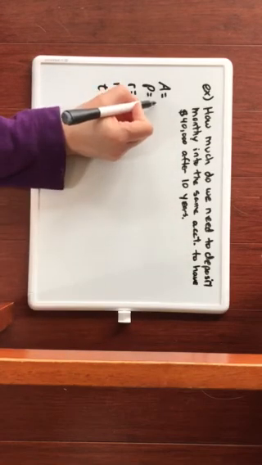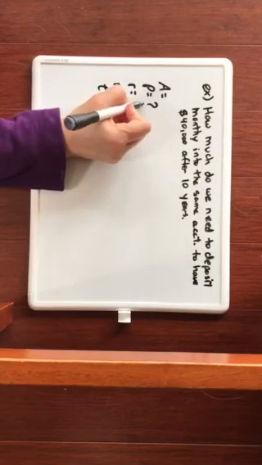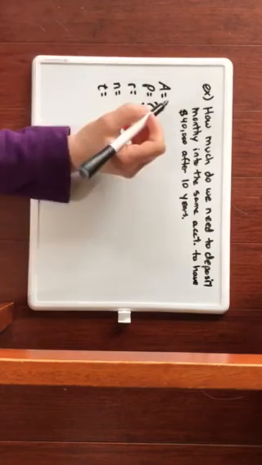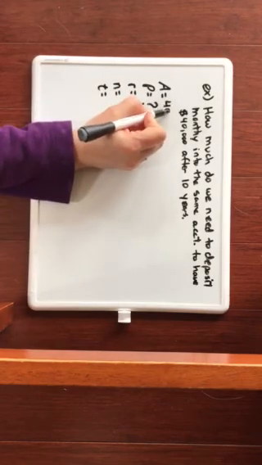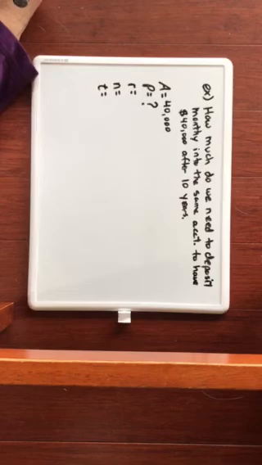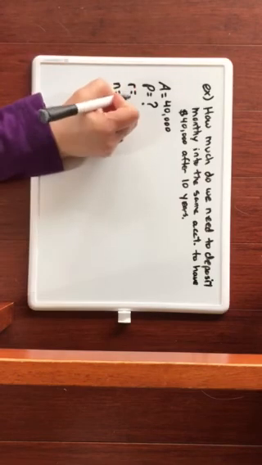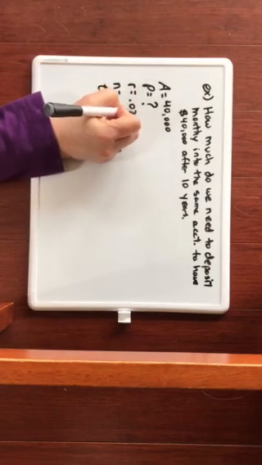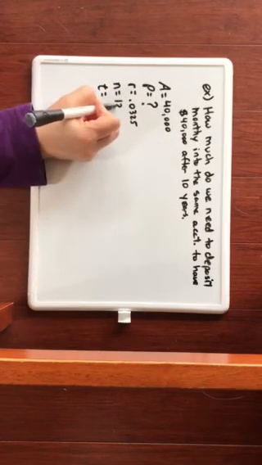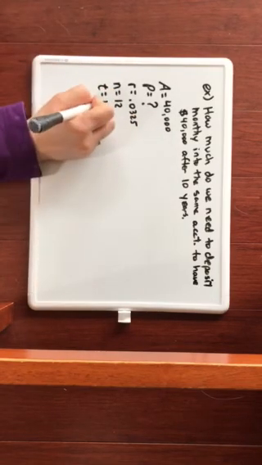That's what we're looking for. So P is our question mark. Into the same account to have $40,000 after 10 years. So A is going to be $40,000. Okay, so our rate's going to be the same, which is 0.0325. Our N is going to be the same at 12, and our time is for 10 years.